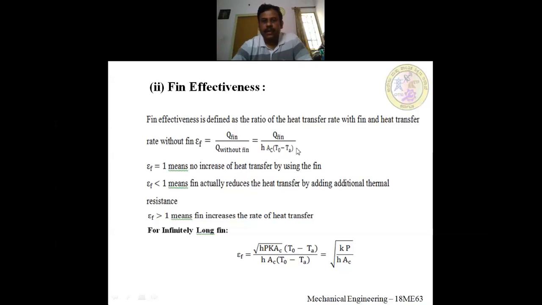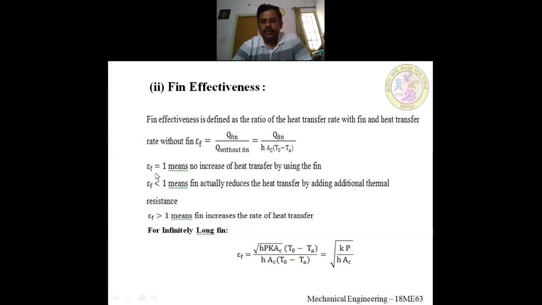Q fin represents the actual rate of heat transfer with fin. Without fin means the fin was not added to that base surface, so that area is nothing but the cross-section area of the fin. From that area, what is the heat loss?